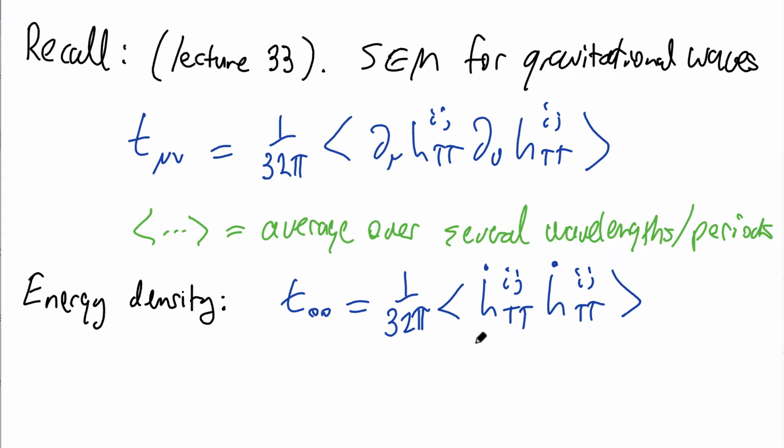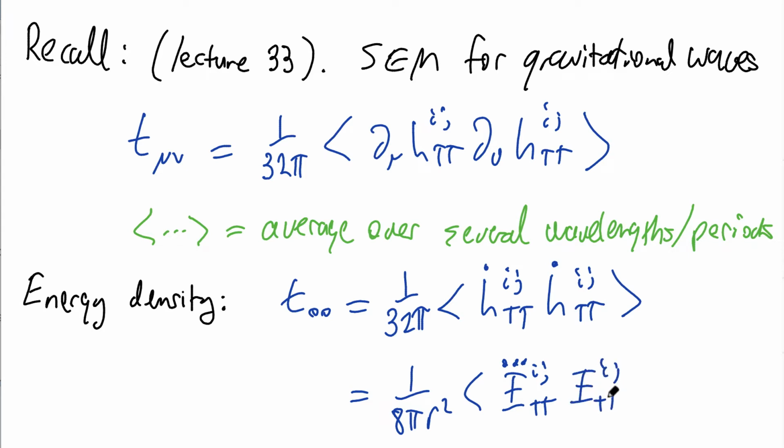And now if we use our result for h^TT in terms of the reduced quadrupole moment, we have 1 over 8 pi r squared times the average of I bar_ij^TT triple dot times I bar_ij^TT triple dot. And let's remember the right-hand side is evaluated at the retarded time, t minus r.